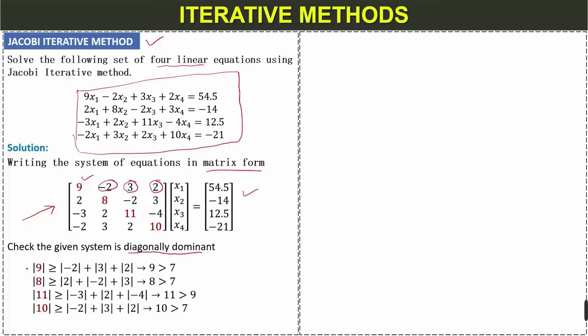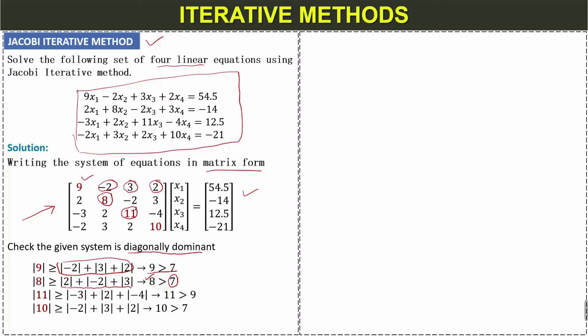We can see that the absolute value of the diagonal element, that is 9, is greater than or equal to the sum of the absolute values of the off-diagonal terms. Here 9 is greater than the sum of all other terms, that is 7. Similarly for the next diagonal entry, that is 8, the absolute sum of the off-diagonal entries is also 7, which is less than the diagonal entry 8.